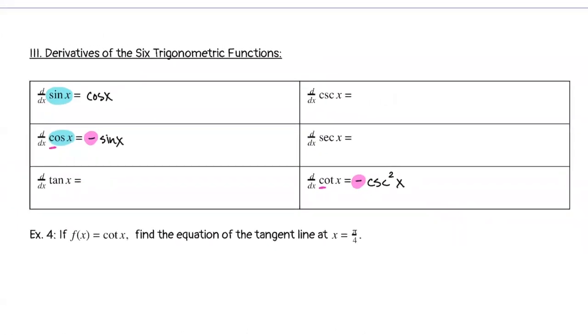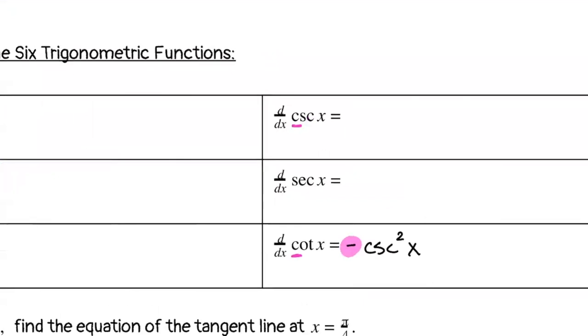Well, cosecant starts with a C. What's that derivative? Looking back at earlier in the notes. Negative cosecant x, cotangent x. Good, negative cosecant x, cotangent x, good.